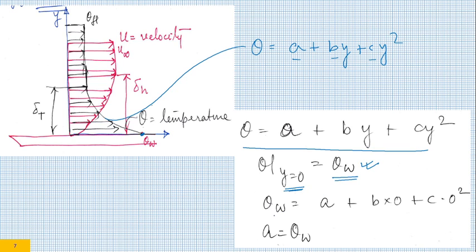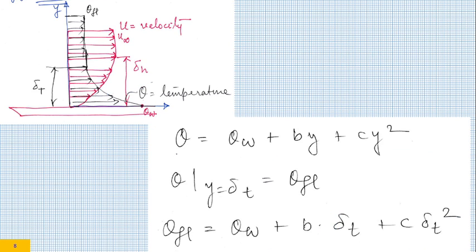So I put that into this equation. Theta W becomes A plus B into 0 plus C into 0 square. So A becomes theta W. So the equation changes slightly: theta becomes theta W plus B into Y plus C into Y square. This is because A equal to theta W, which we got from the first boundary condition. This is the second boundary condition that we are going to put. What is that?